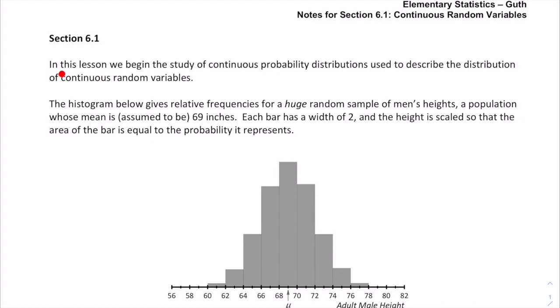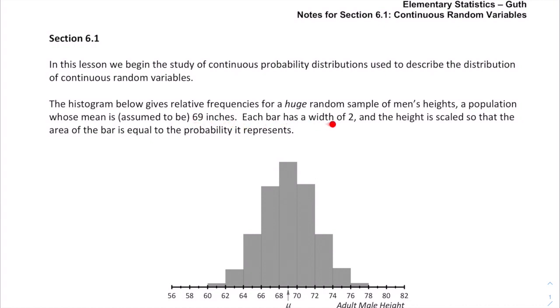In this lesson, we begin the study of continuous probability distributions used to describe the distribution of continuous random variables. The histogram below gives relative frequencies for a huge random sample of men's heights, a population whose mean is assumed to be 69 inches. That's a rough rounding of the average height of men.